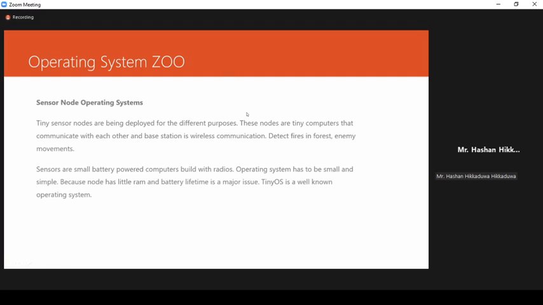We have a lot of facilities in our computers and laptops. Even in our mobile phones, we can insert a memory card and extend the capacity. But with devices like these, the operating system has to be small and simple because they have little RAM and battery lifetime is a major issue. For example, TinyOS is a well-known operating system.